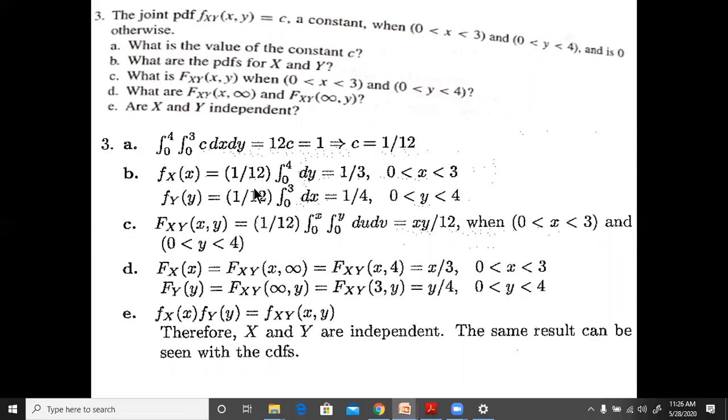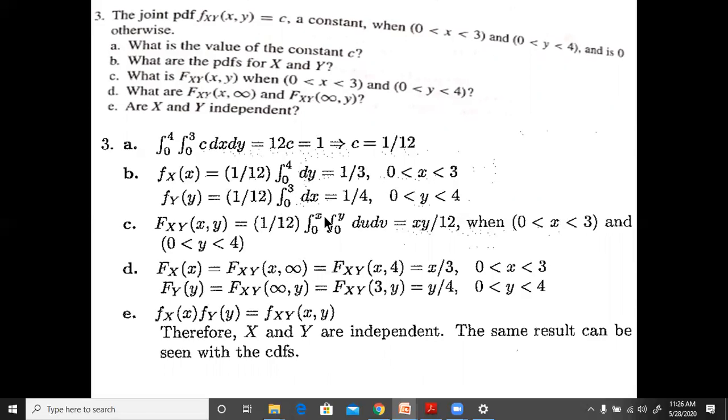Similarly, f_Y(y) will be 1 by 12 times the integral of dx from 0 to 3, which equals 1 by 4, within the limits 0 to 4. Next, we need to find the distribution function F_XY between the limits 0 to 3 and 0 to 4.